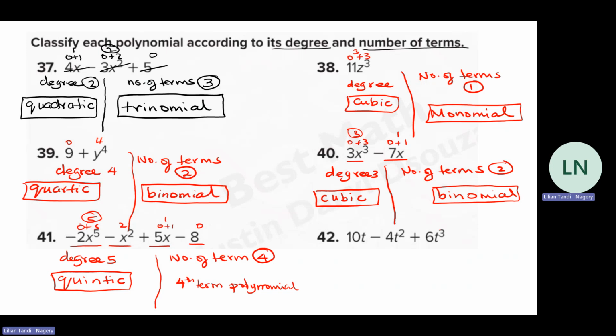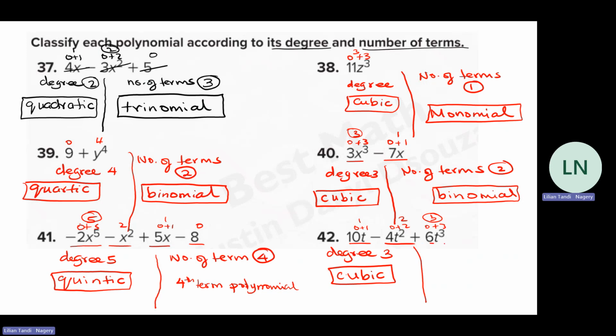So here the highest degree should be 3. How do I know? This is 0 plus 1, 1. This is 0 plus 2, 2. This is 0 plus 3, 3, highest degree. So degree is 3. When your degree is 3, you are cubic.